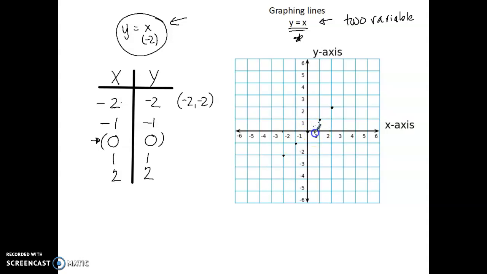If I had picked x equals 0.5, then y would have been 0.5. If I had picked x equals -1/4, y was -1/4. Whatever x is, y is. So it must be true along this line that y equals x.